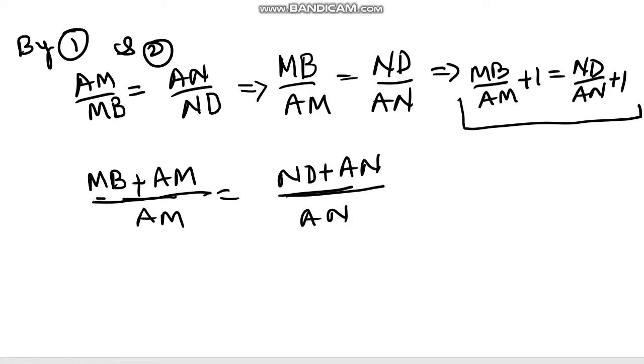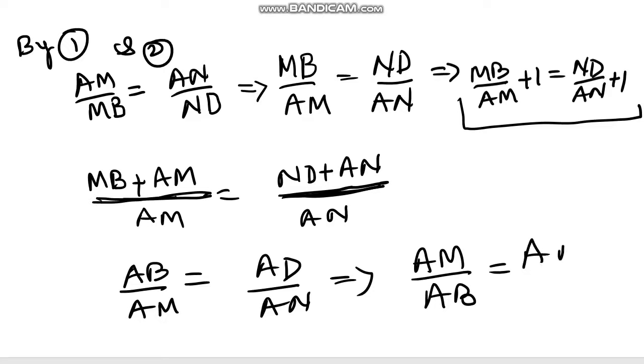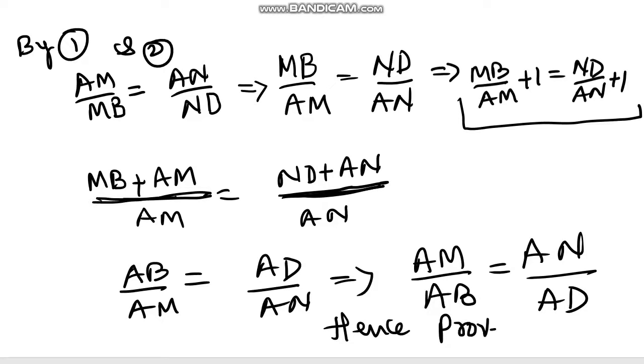So this will become AB by AM equal to AD by AN. Now if you invert it, you will get AM by AB equal to AN by AD. This is what we were supposed to prove. So hence proved.